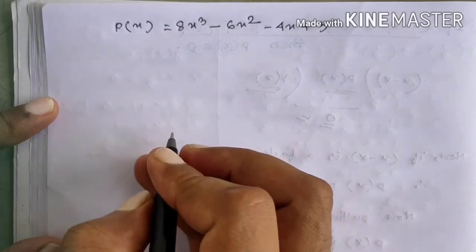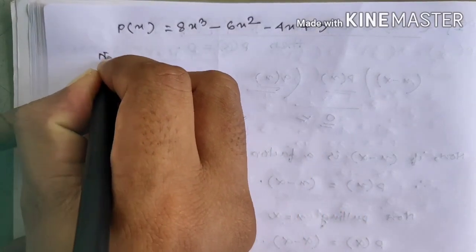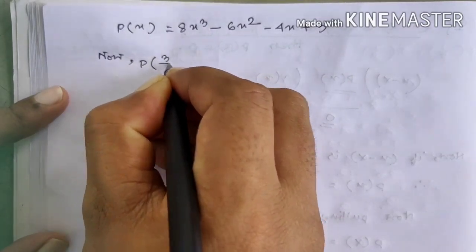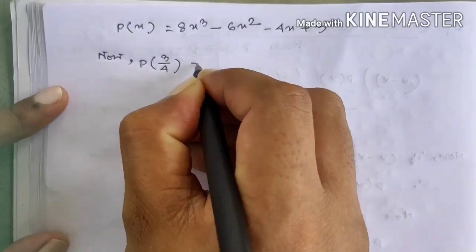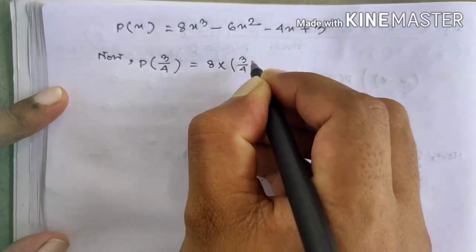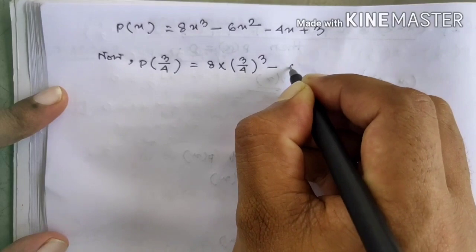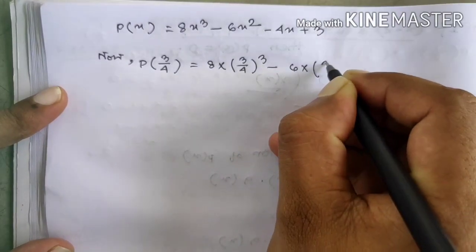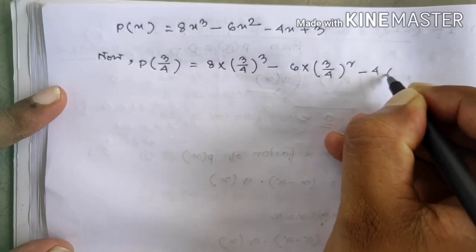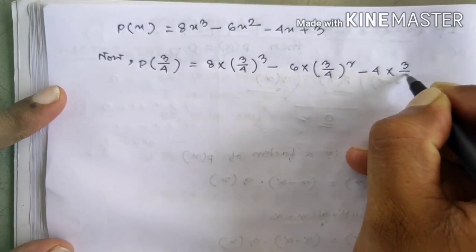We have p of x equal to 8x cube minus 6x square minus 4x plus 3. Now p of 3 by 4 equal to 8 into 3 by 4 whole cube minus 6 into 3 by 4 whole square minus 4 into 3 by 4 plus 3.